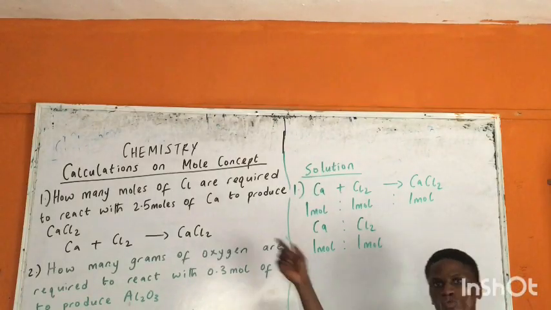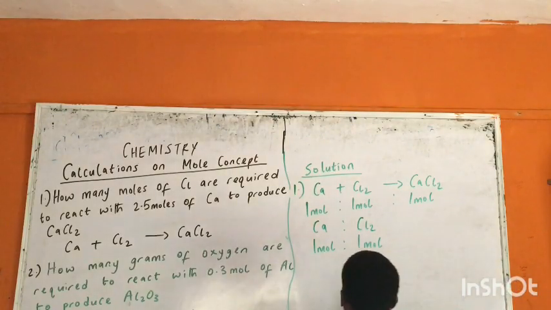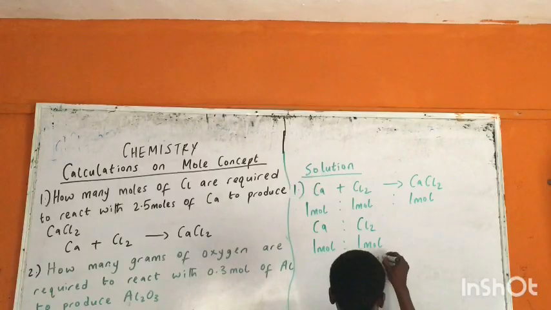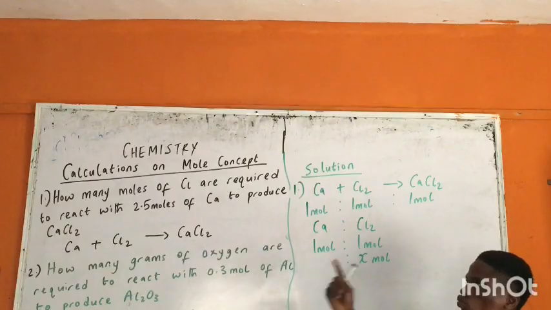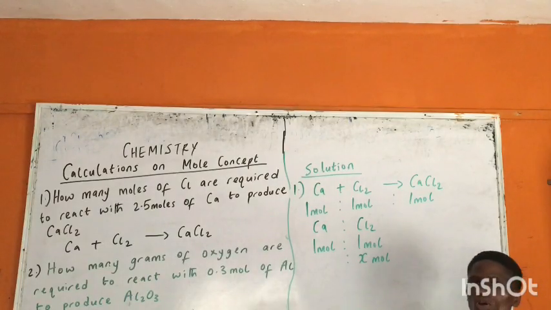So we have X mole required to react with 2.5 moles of calcium.